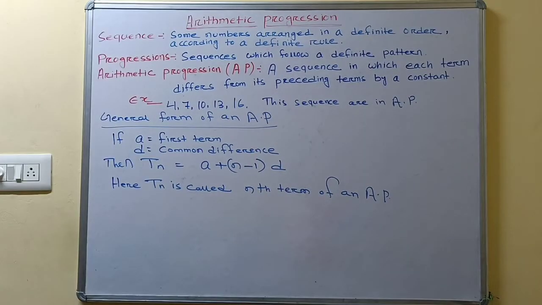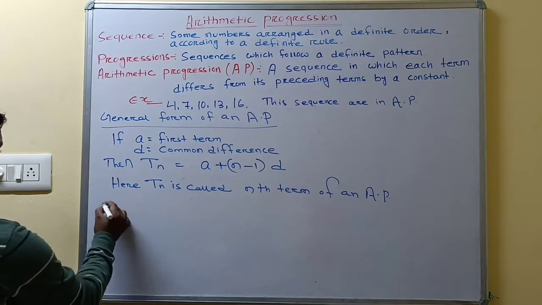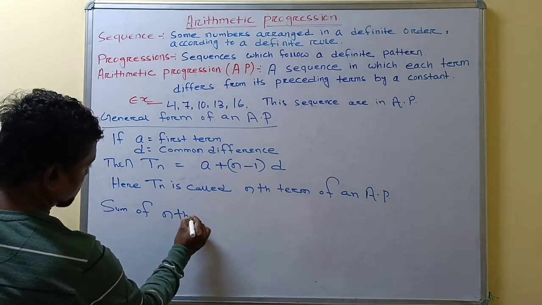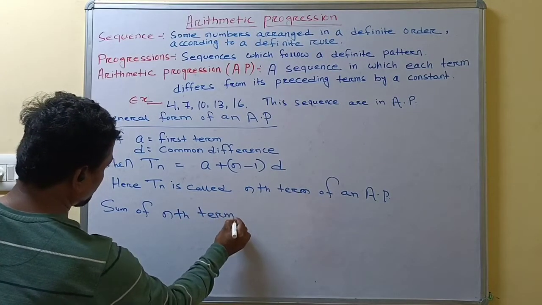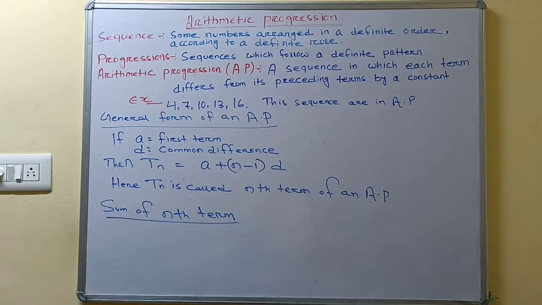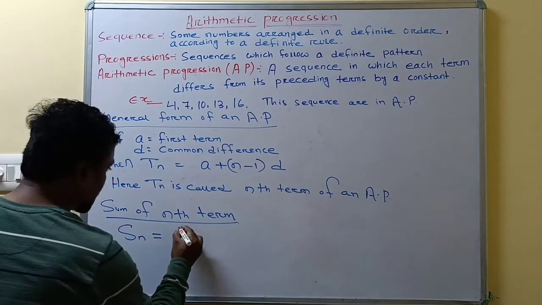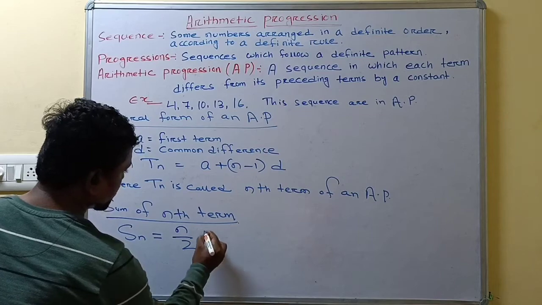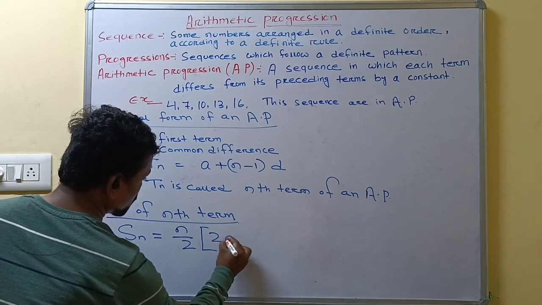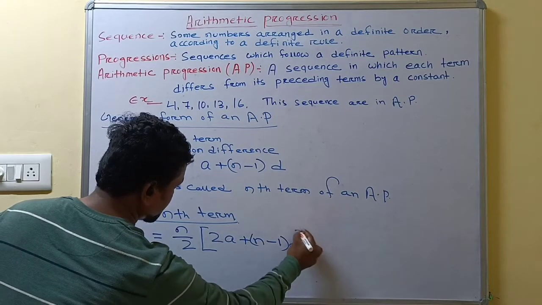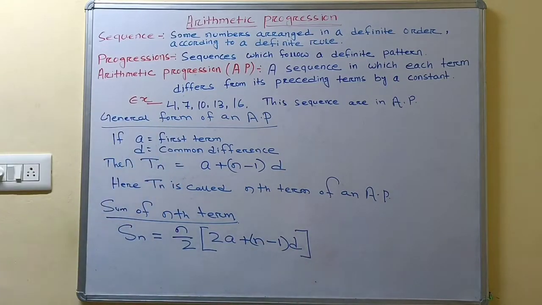Sum of n terms. Sum of n terms is Sn. By formula we can write Sn is equal to n by 2 whole into (2a plus (n minus 1)d). This is one formula for Sn.